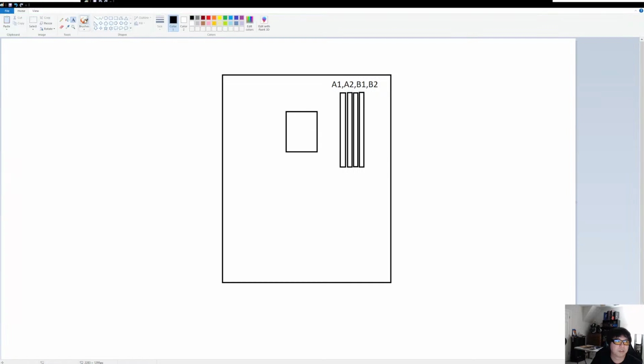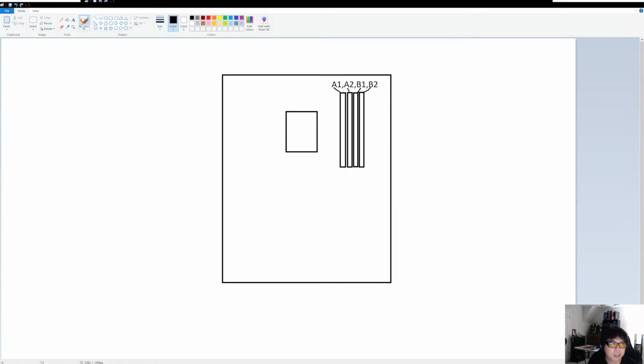So A1 is this one, A2 is that one, B1 is that one, and B2 is this one. That's your typical standard ATX motherboard. It could be an eATX motherboard as well, but it's a standard mainstream ATX motherboard with a 4 DIMM memory configuration.